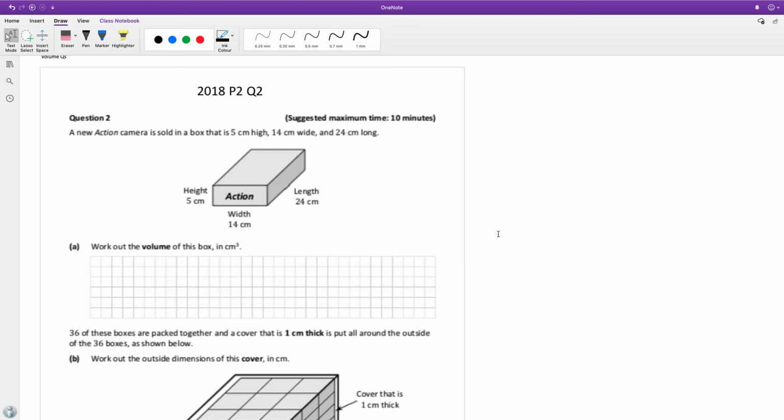So, your cuboid, volume, is length by width by height. Surface area is twice the length by the width, twice the width by the height, plus twice the height by the length.